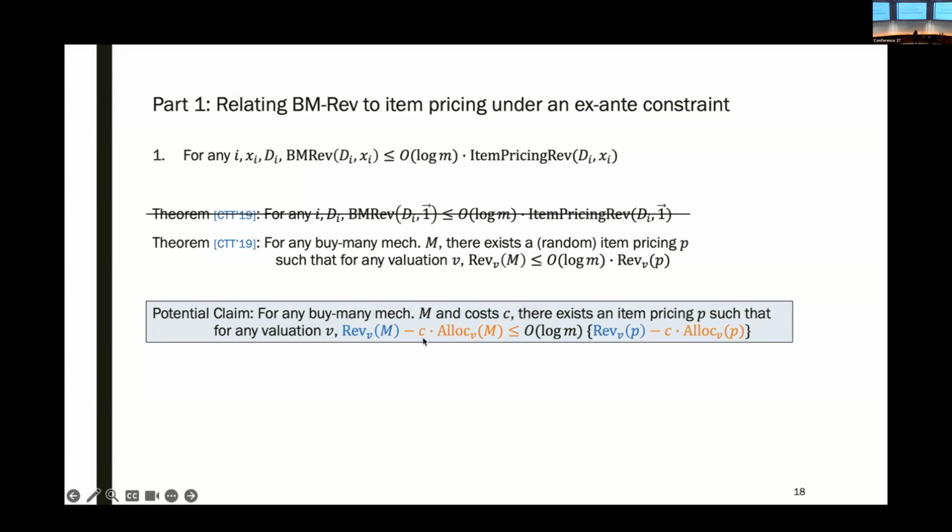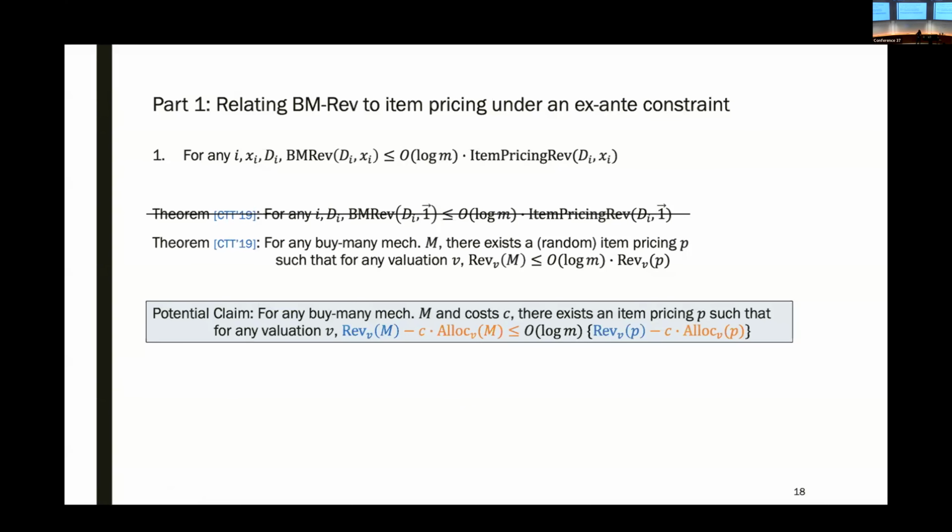This cost vector is basically the Lagrangian form of the allocation constraint. Then you might hope to prove essentially this theorem for profit instead of revenue with respect to this cost vector that appears magically from somewhere.